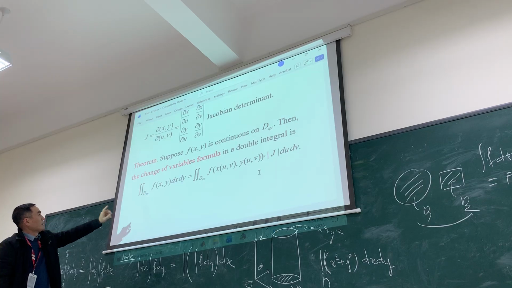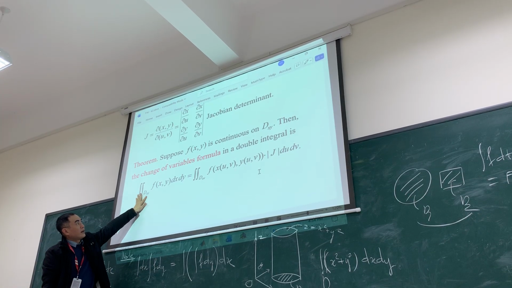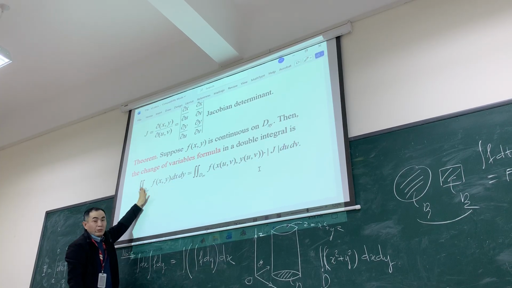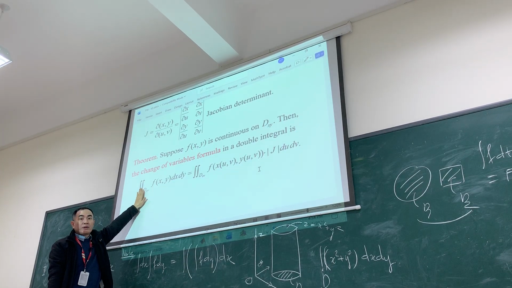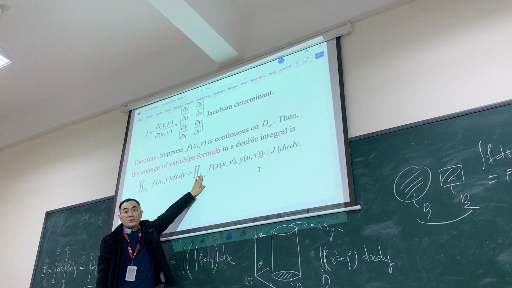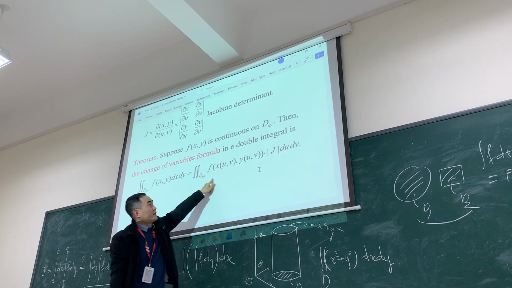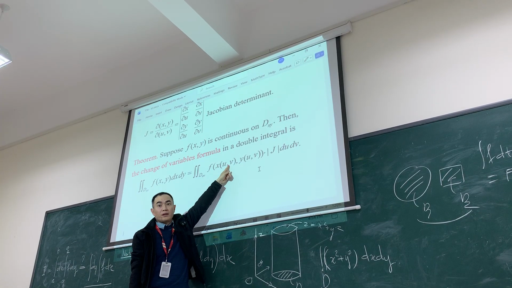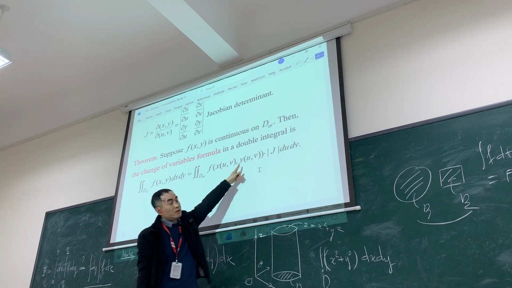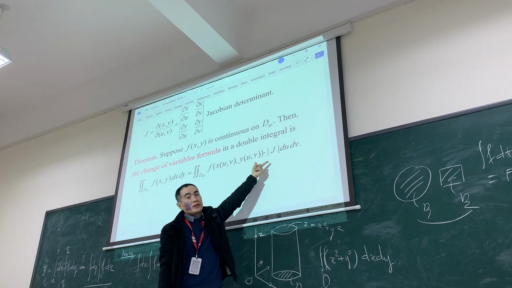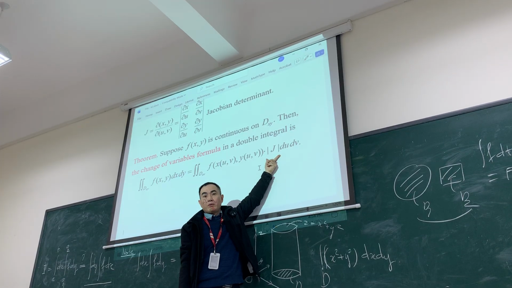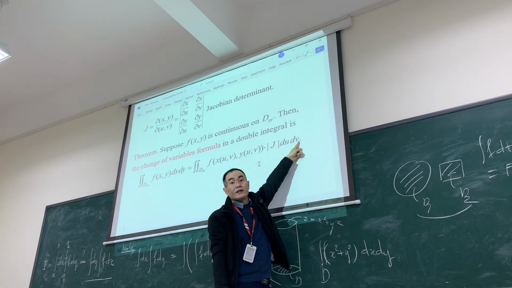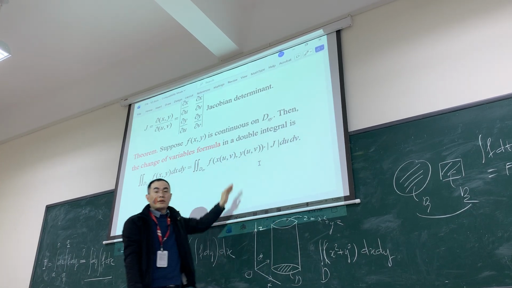When we change variable, the double integral with respect to x and y, the domain related to x and y becomes the domain with respect to u and v. In the formula here, x we replace by the function of u and v, y we replace by the function of u and v. You can see up here the absolute value of the Jacobi determinant here, du dv. Okay, the formula when you change variable.